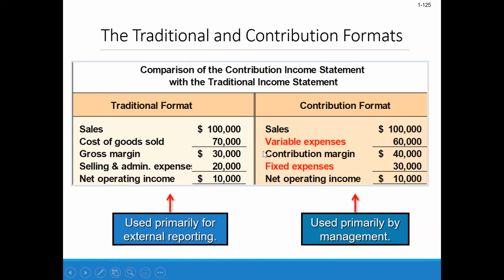This is where you show sales minus the variable expenses minus the fixed expenses, because basically our sales minus our variable expenses show what we have available to put towards our fixed expenses.